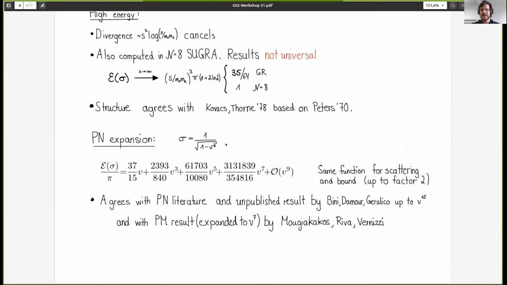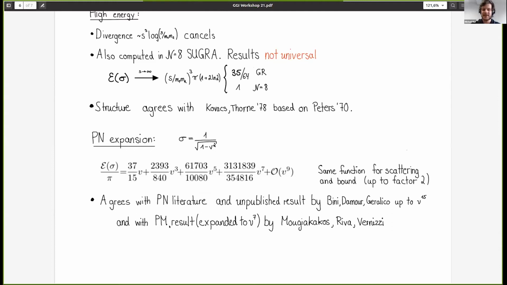We can use our result and do a PN expansion, which is natural to get in contact with the literature. And what we find is that once we expand, we agree with the literature, and also apparently with some unpublished result by Bini, Damour, and Geralico, which Thibault Damour informed us that they computed basically up to v to the 15 and agree with the closed form expression that we give.